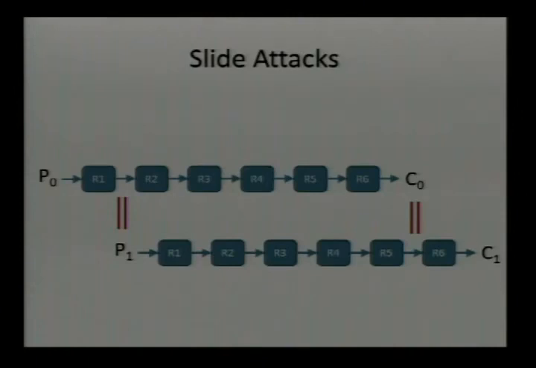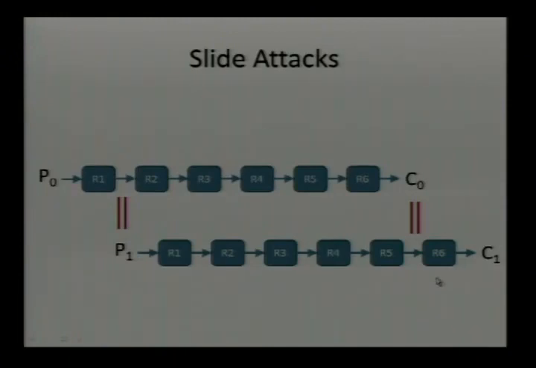With a slide attack, what you're looking for is two sets of plain text and ciphertexts that have gone through the cipher, such that P1 is the output of round 1 for P0. The way you can find this is you examine every pair of ciphertexts and you use the corresponding C0 and C1 together to get a round key, the subkey right here.